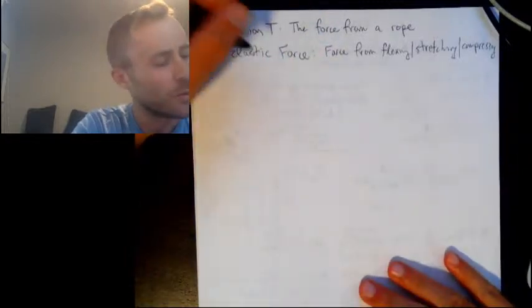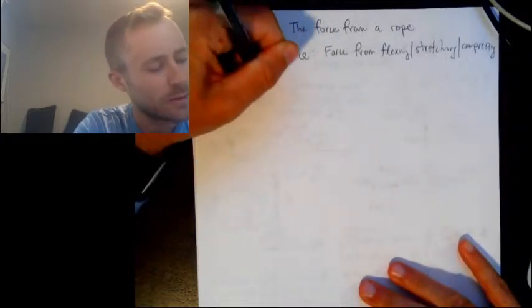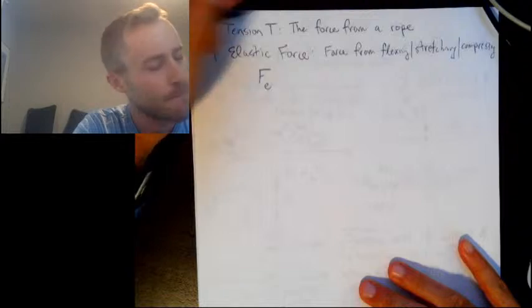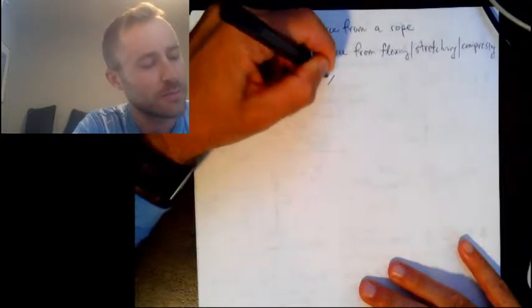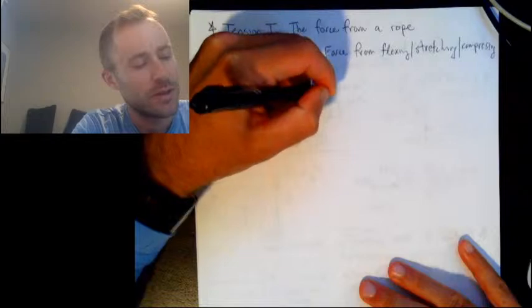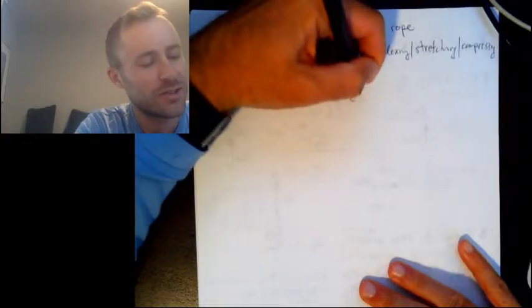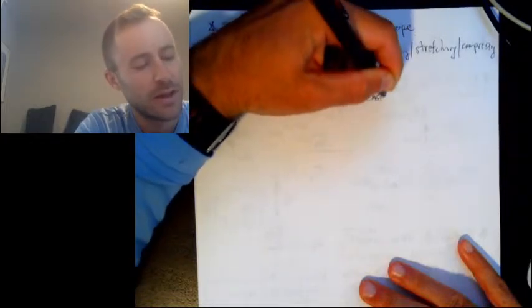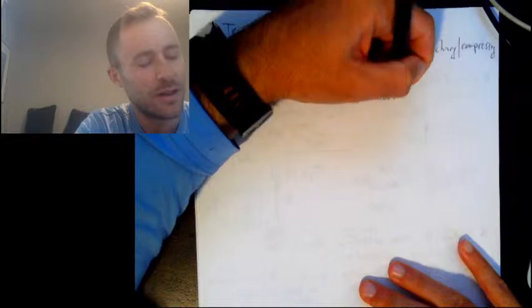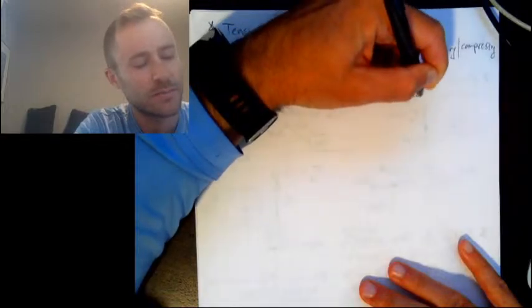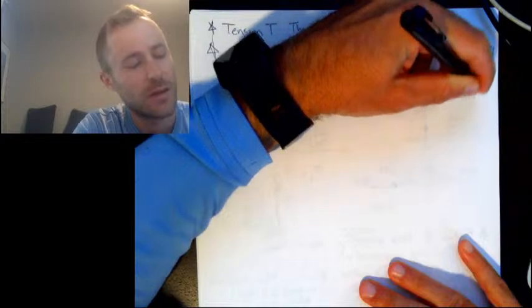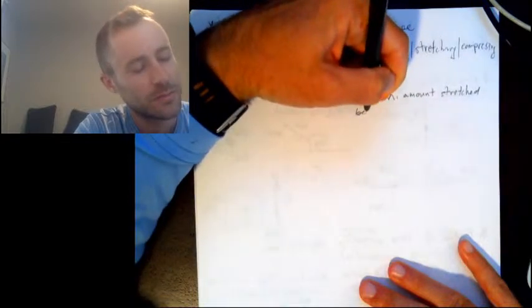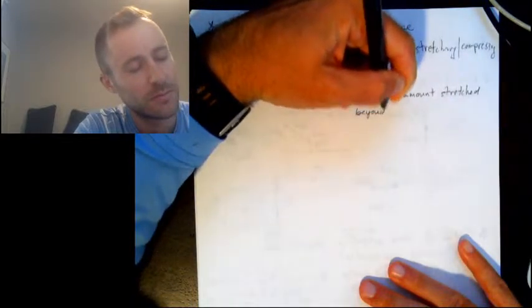So what is the formula for elastic force? F sub E for elastic equals Kx, where x is the so-called extension, and it is the amount stretched beyond taut.